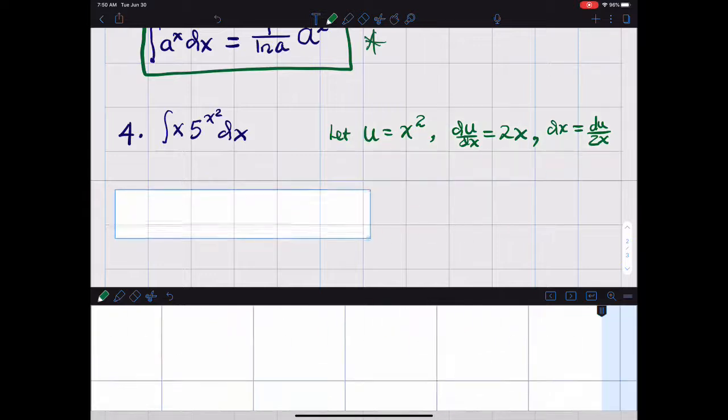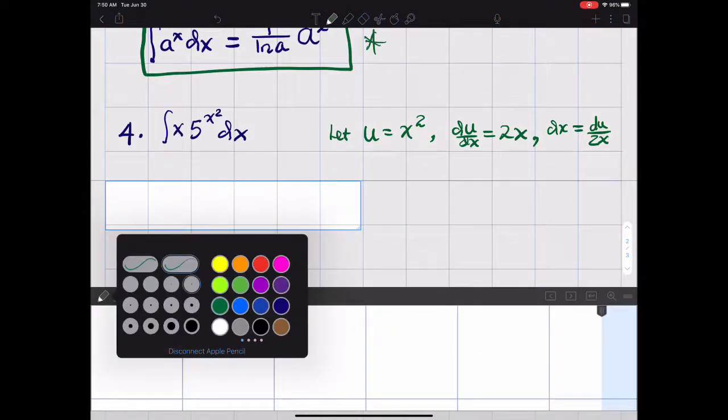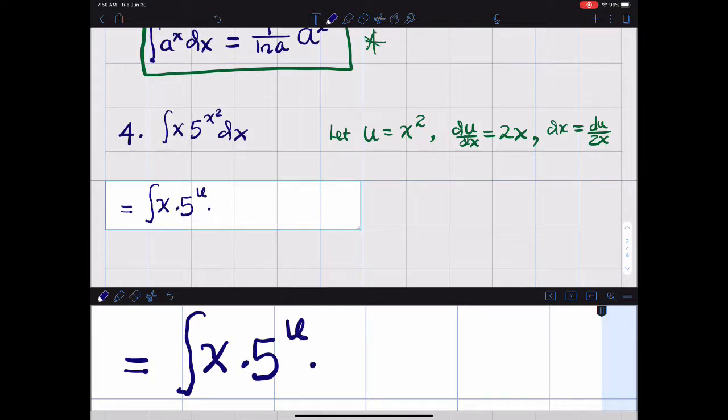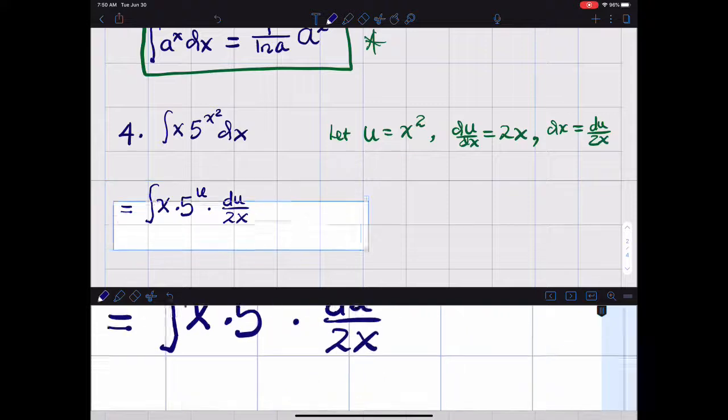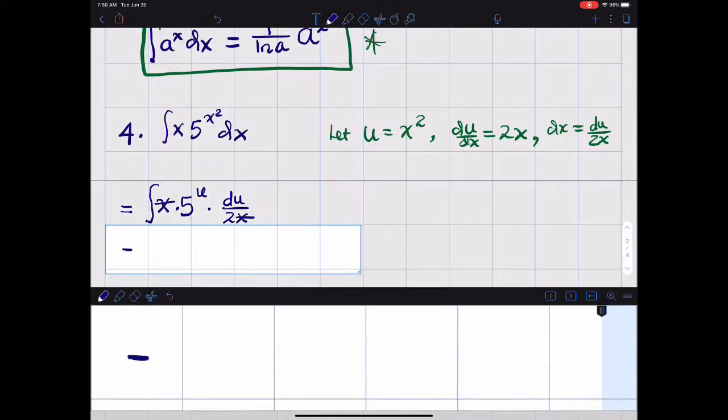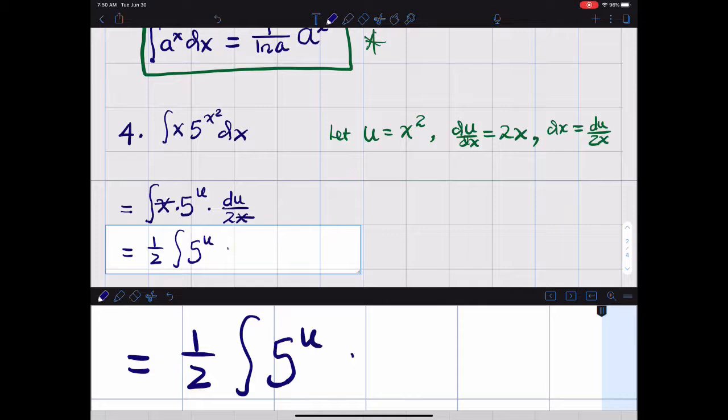Okay, so this becomes integral x 5 to the power of u, and then du over 2x. Cross this out, and then we have 1/2 integral 5 to the power of u du.